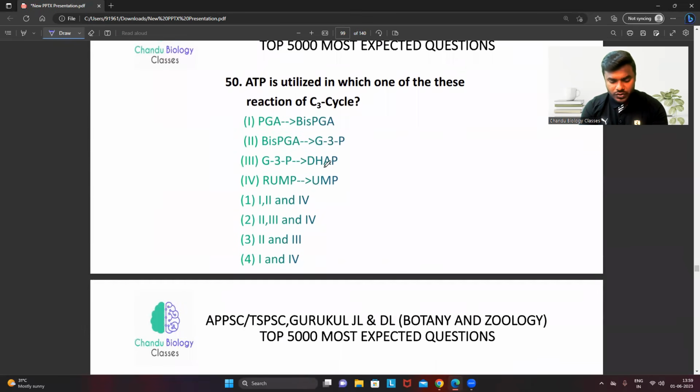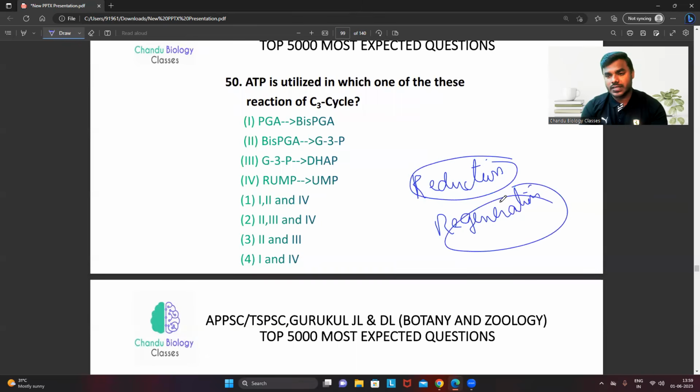Not to get confused with this, question number 50. ATP is utilized in which one of the following reactions of the C3 cycle? If you remember the C3 cycle, it is easy. You know, right? In the reduction also, correct? In the regeneration also. Only in these 2 areas, we will use the ATP. So what is the reduction? Everyone try to understand what the reduction is here. PGA is converting into bisphosphoglycerate.